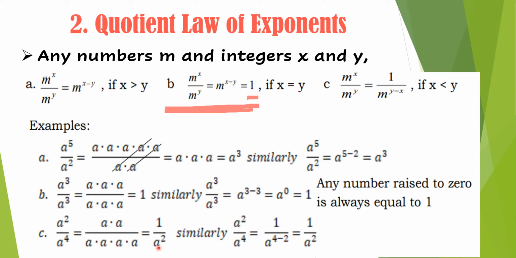Kaya 1 over a raised to 2. Similarly, a raised to 2 divided by a raised to 4 is equal to, i-follow natin yung formula. So, magiging 1 yung numerator, copy the base, that is a, and then subtract 4 minus 2. So, magiging 1 over a raised to 2.